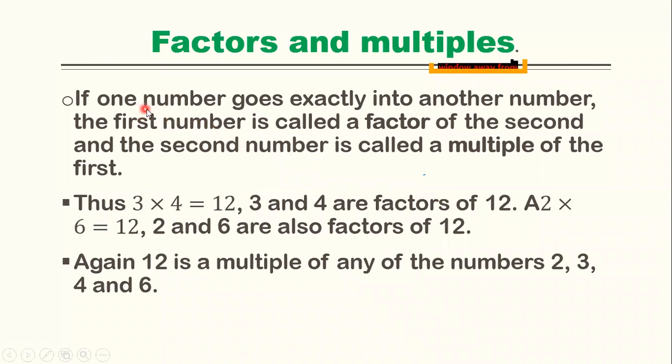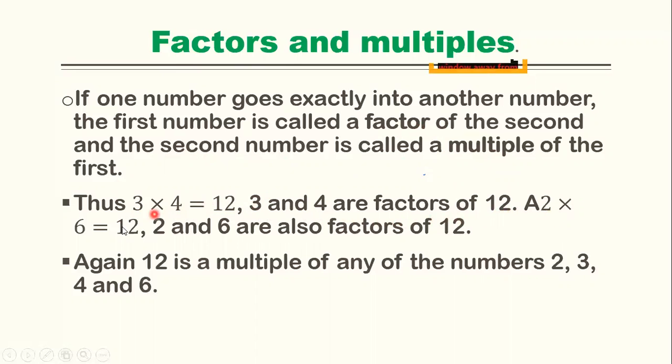If you look at what we call factors and multiples, if one number goes exactly into another number, the first number is what we call a factor, and the second number is what we call a multiple. For example, if we multiply 3 and 4, we get 12. So in this case, the 3 and the 4 are called factors of 12.